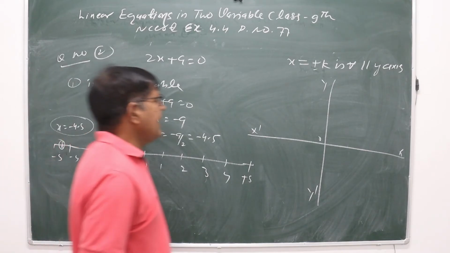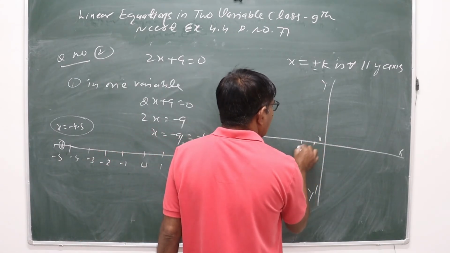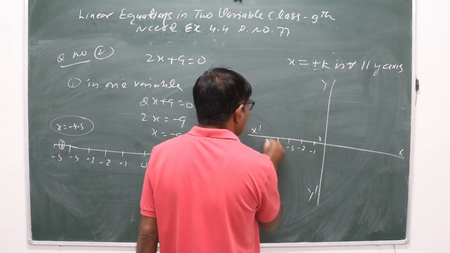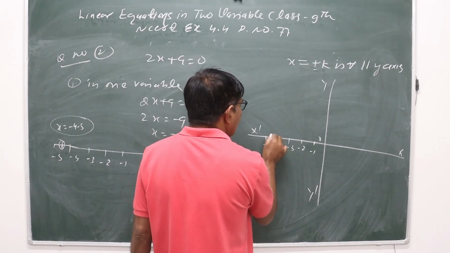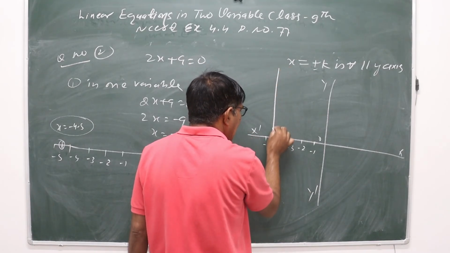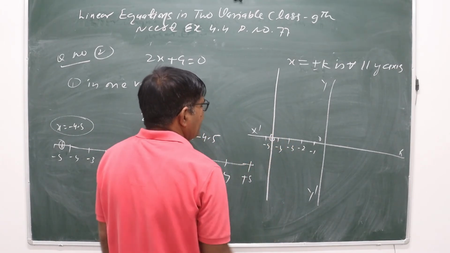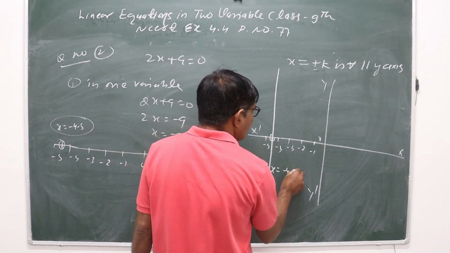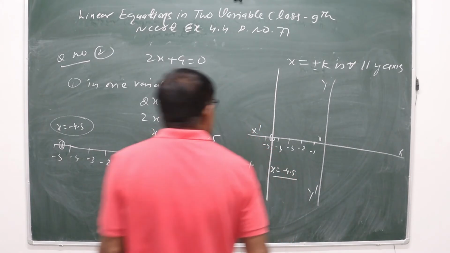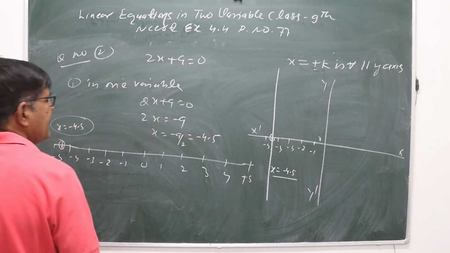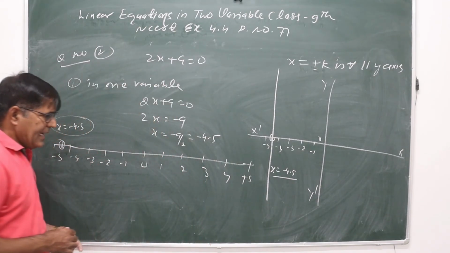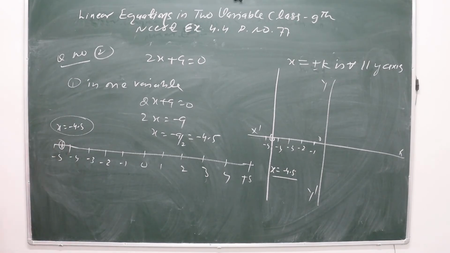So on the left hand side, this is minus 1, minus 2, minus 3, minus 4, minus 5. So this is minus 4.5. We can draw a line which passes through this minus 4.5. So it will be x is equal to minus 4.5. So this is a line parallel to the y-axis and lies left to the y-axis. So in this way we can represent a given linear equation in one variable and two variables.